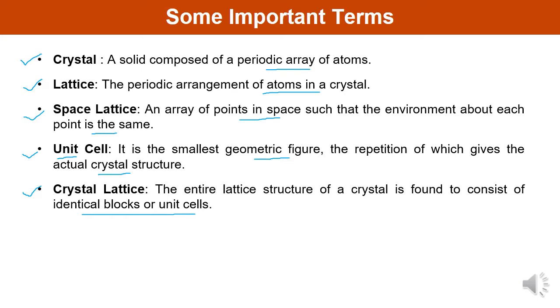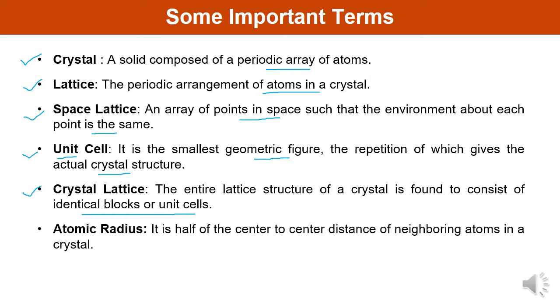Where identical blocks or unit cells exist, that entire structure of a crystal is known as a crystal lattice. Atomic radius. This is also very interesting. You have to calculate the atomic radius in all types of crystal lattices as well. So you need to remember this term very well. Atomic radius is half of the center to center distance of neighboring atoms in a crystal.